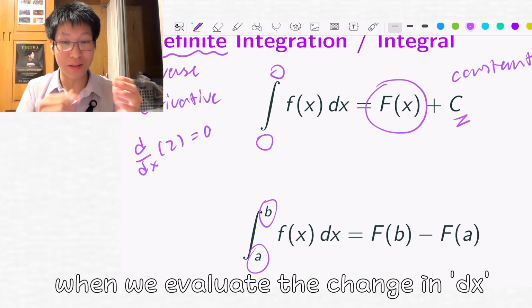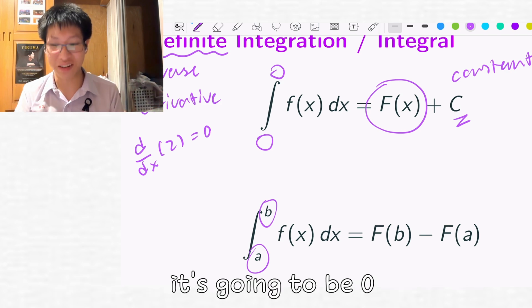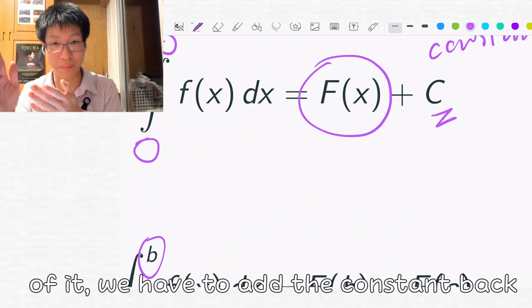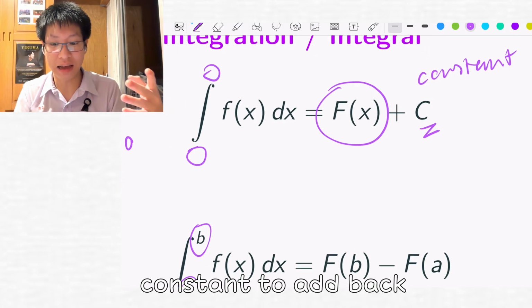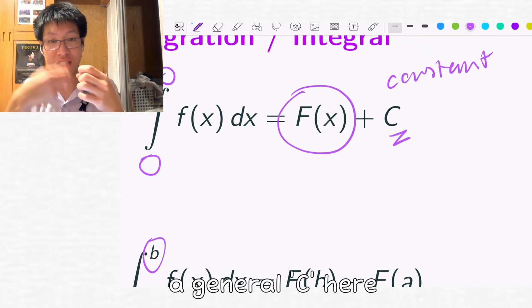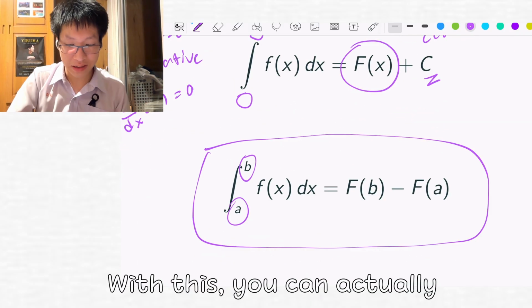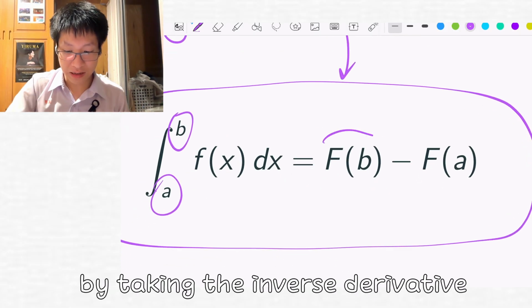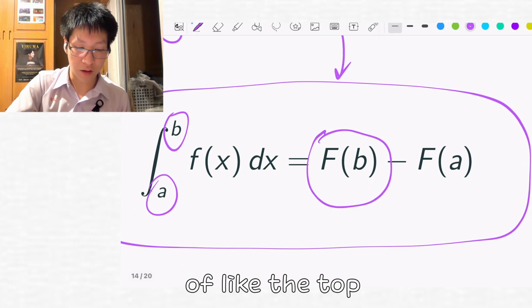Because of this, when we take the inverse process, we have to add the constant back, but we don't know what constant to add, so we leave it as a general c here.